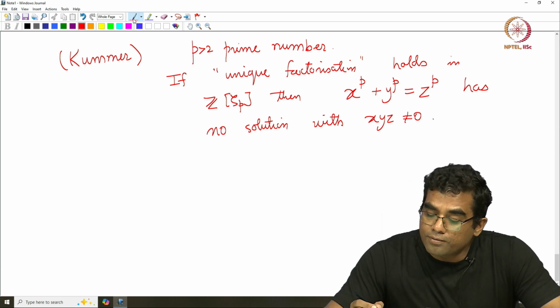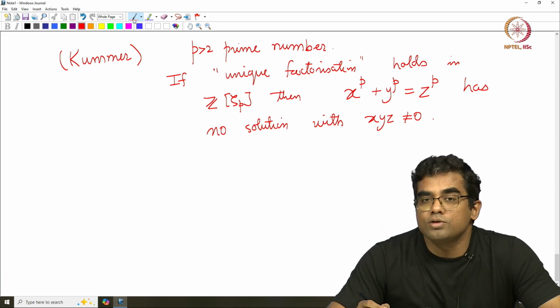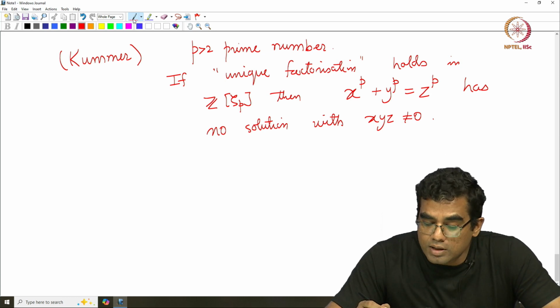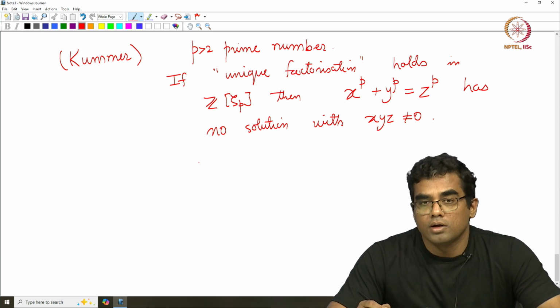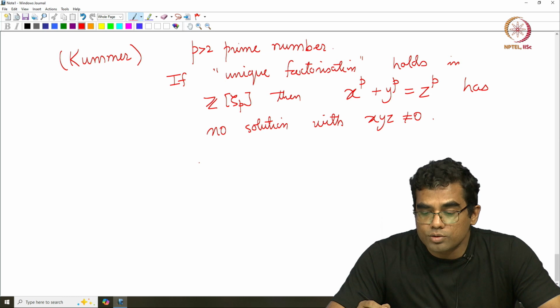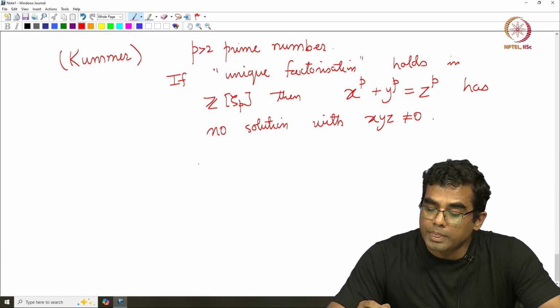So, the failure of unique factorization led to the concept of the ideal class group, and that will be another main object of study in this course: studying the ideal class group, proving that it is finite, getting algorithms to calculate the ideal class group, etc. Okay.